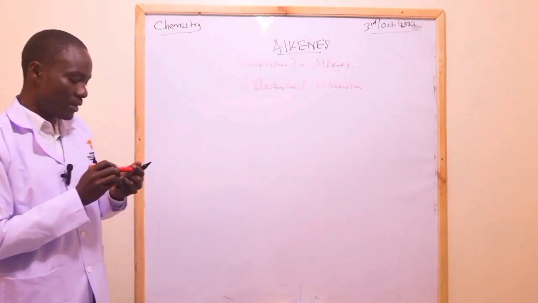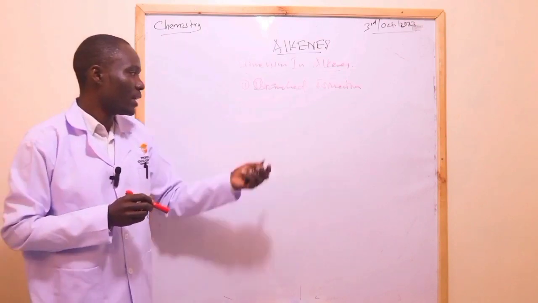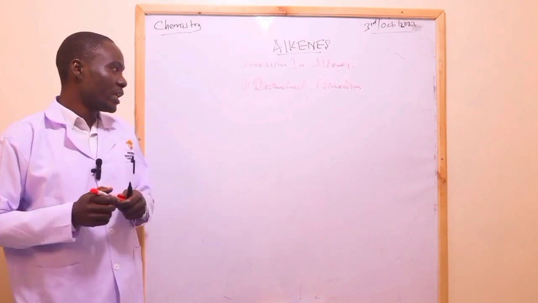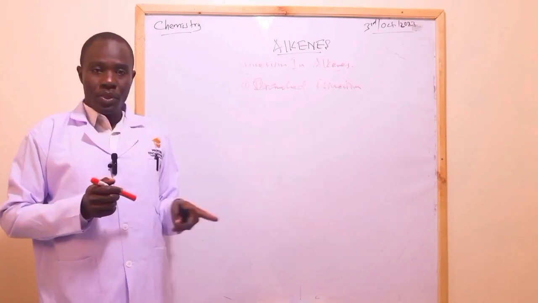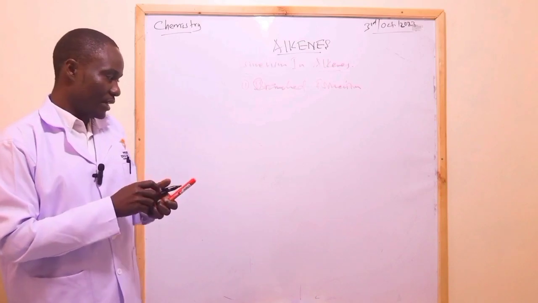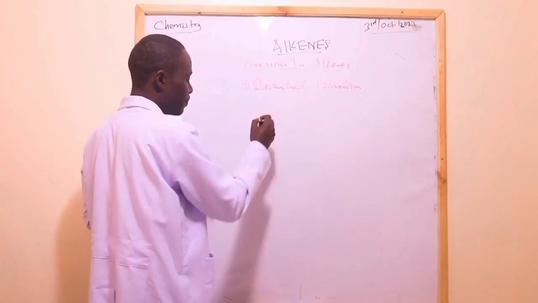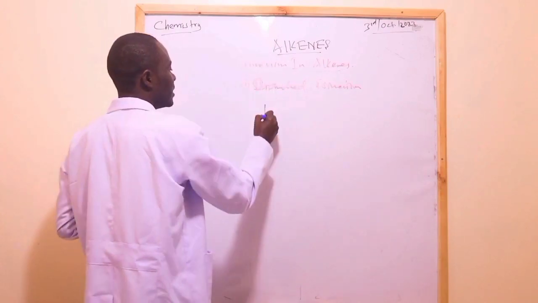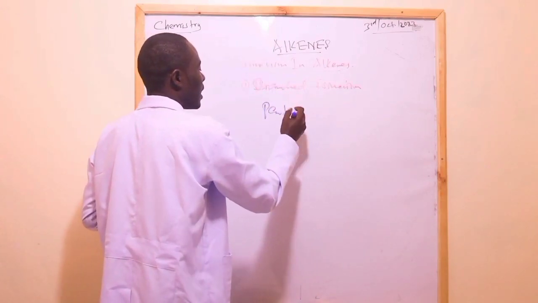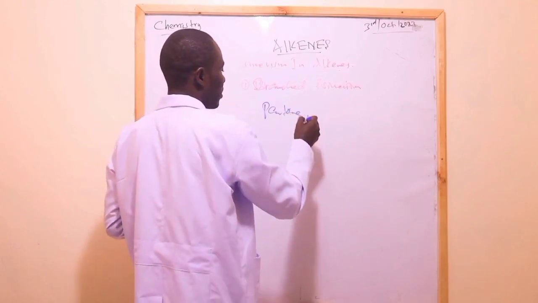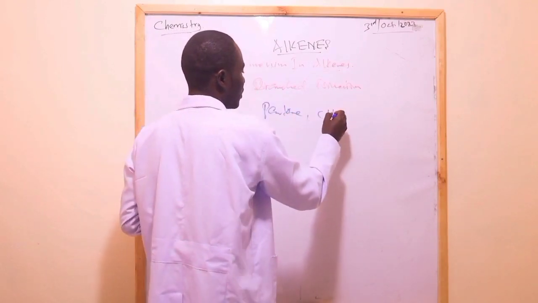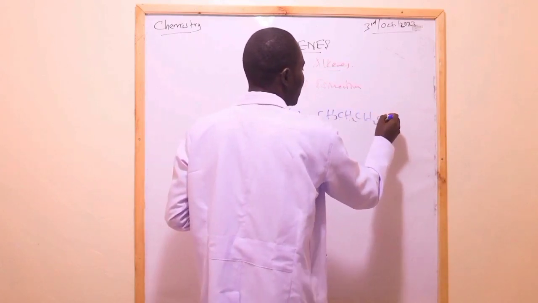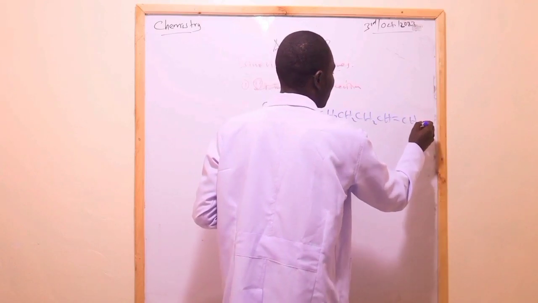Now, in branched isomerism, I want us to take pentene as an example. The formula of it is CH3, CH2, CH, double bond, and the CH2 this way.